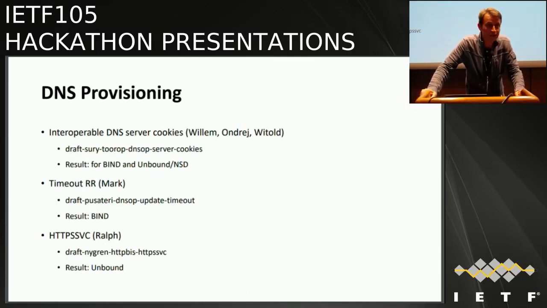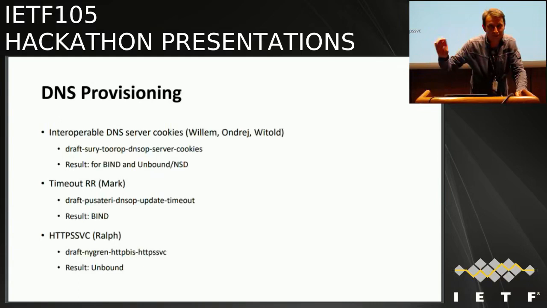Another provisioning thing is temporary records in the DNS. Sometimes, like the Let's Encrypt ACME protocol, you want to publish some information for a short time in your DNS zone. So you're the owner of a domain name, get your certificate, you have the timeout resource record. After that, the information is removed from your zone.